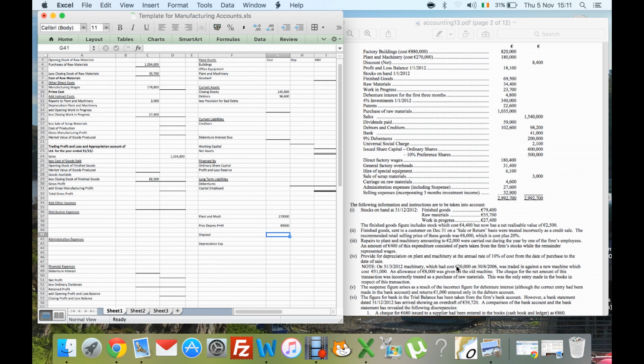A machine that cost 20 was traded against a new machine costing 51. So that's going to be 271 minus the machine that originally cost 20 and plus the machine that cost 51. So that's the new balance figure, and I'll put that straight up here.